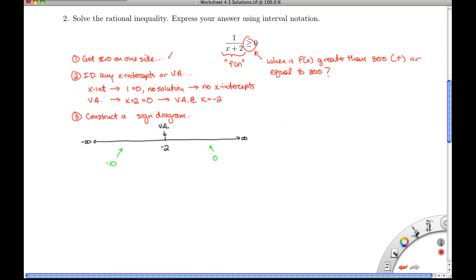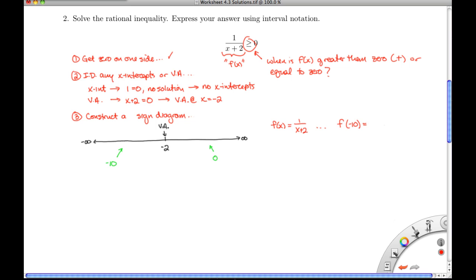So now we take our f of x. In this case, f of x is equal to 1 over x plus 2, and we're going to check these test points. So we're going to first find f of -10, and as before, we're really just interested in the sign here, whether this is going to be a positive or a negative number.